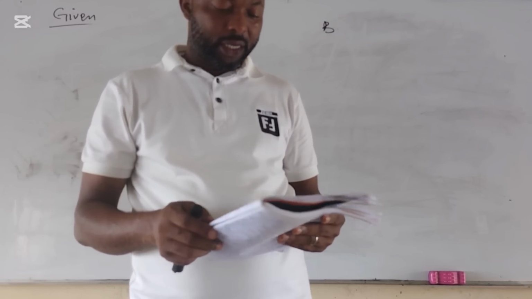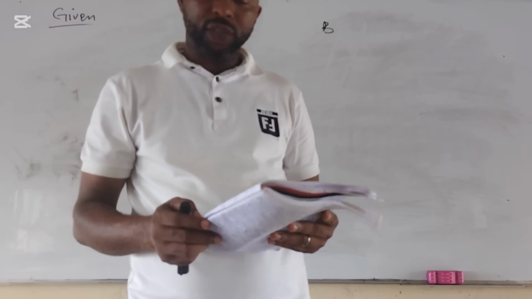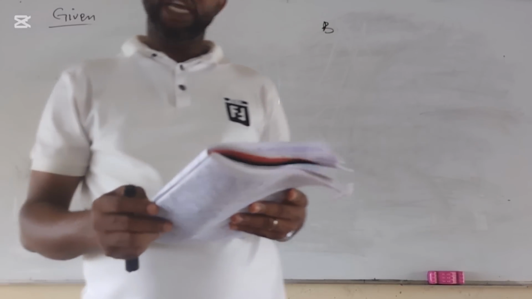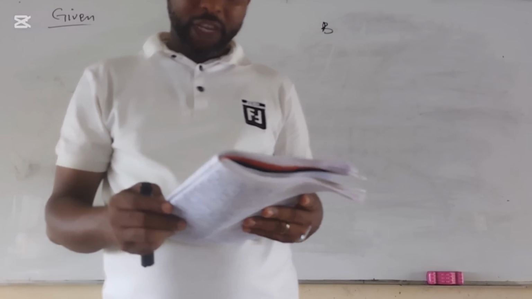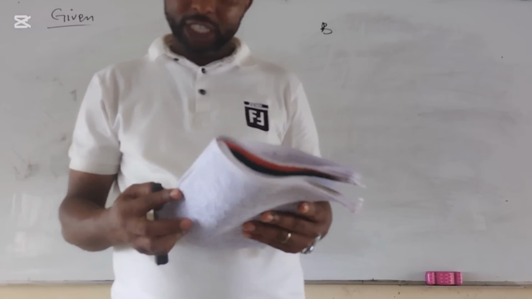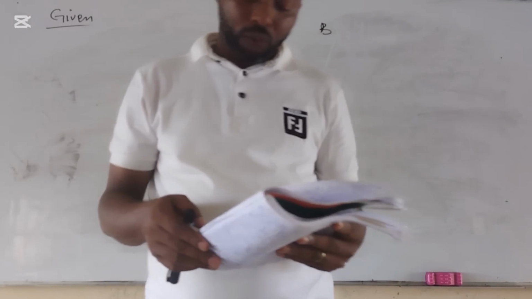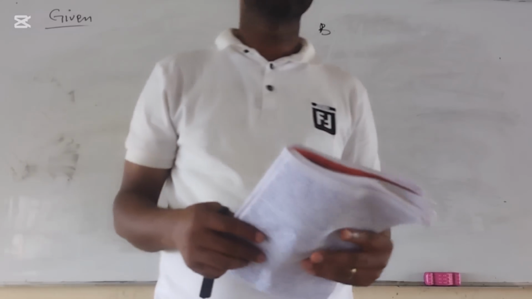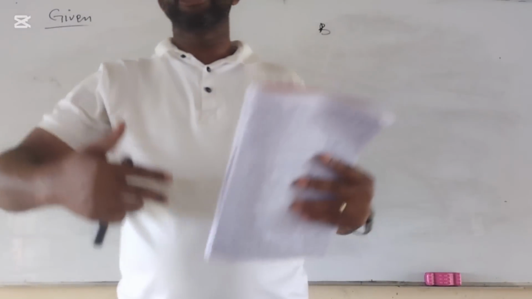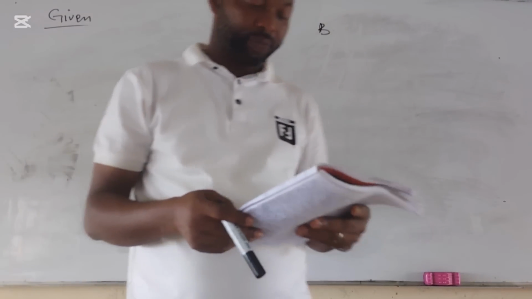From the equation of reaction and the information provided, calculate the concentration of B in mole per dm cube, and the concentration of B in g per dm cube. Given that B contains 3.6 grams of the hydrated sodium trioxocarbonate(IV) salt in 500 cm cube of solution, calculate the percentage of water of crystallization. So we're still going to list out the given variables so that we'll know exactly what we're doing.